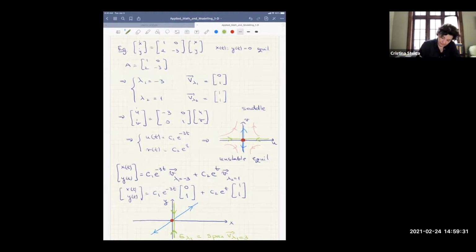Whereas the other one is the span of V lambda 2, where lambda 2 equals 1. So basically when we diagonalize the matrix, we just straighten up stuff. But those subspaces are invariant when we apply this linear transformation given by A.